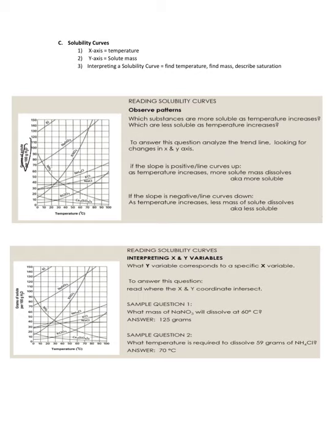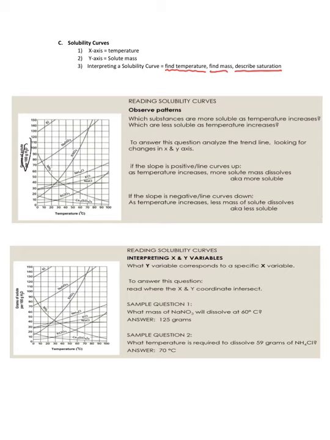And then the third thing is that some question will be asked of you to interpret the solubility curve. They might ask you to find the temperature, they might ask you to find the mass, and they also might ask you to describe the saturation. Finding the temperature means you're going to know the y-axis and you're going to have to look on the x-axis.